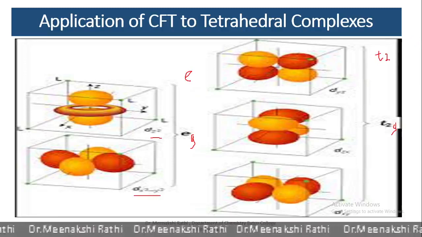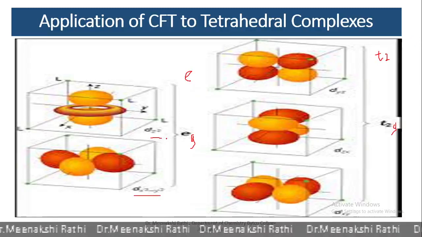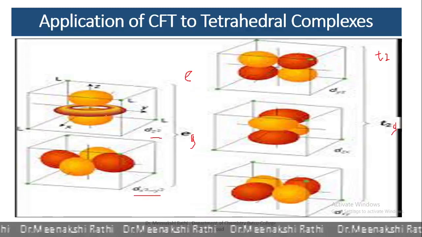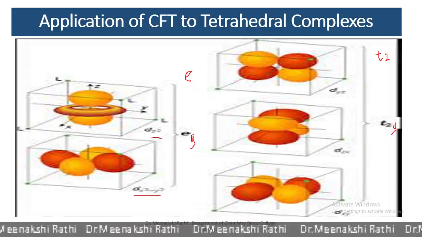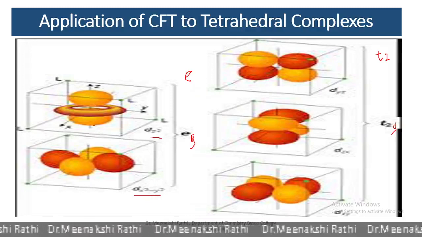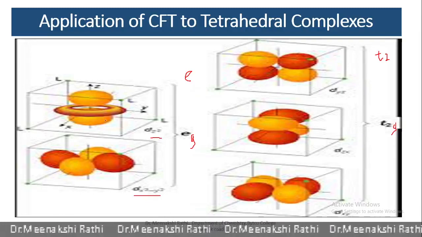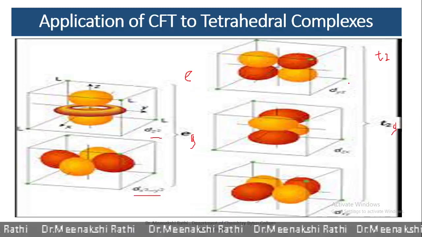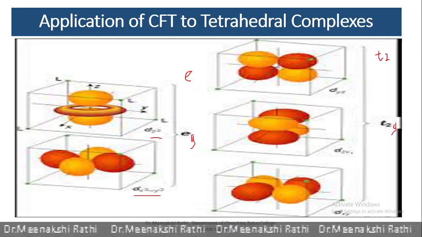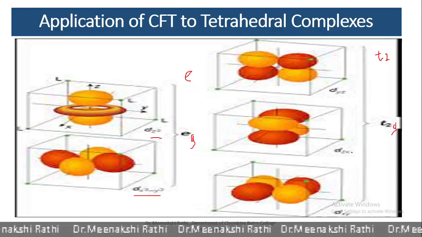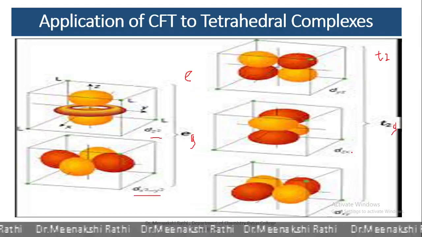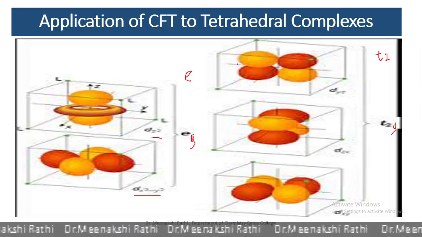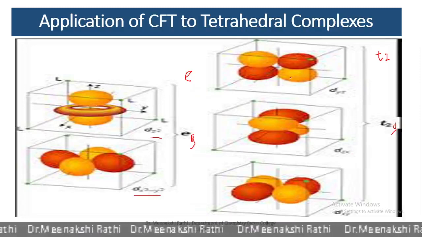Now all of you know the E orbitals, that is dz square and dx square minus y square, their lobes point along the axis, while these 3 T2 orbitals, their lobes are present in between the axis. These are along the axis and these are in between the axis.